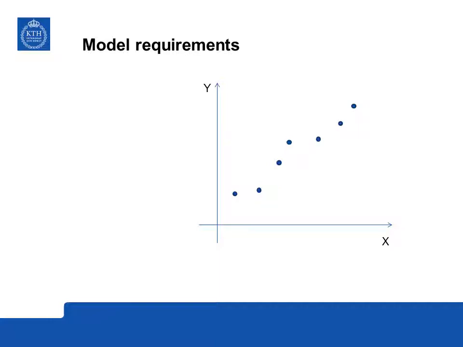And if we want to make simplicity a premium, we may explain y as a function of x as a straight line like this. This is a 1 or 2 parameter model. You can see that the accuracy will be somewhat compromised, but it still seems like a pretty good description of the values.